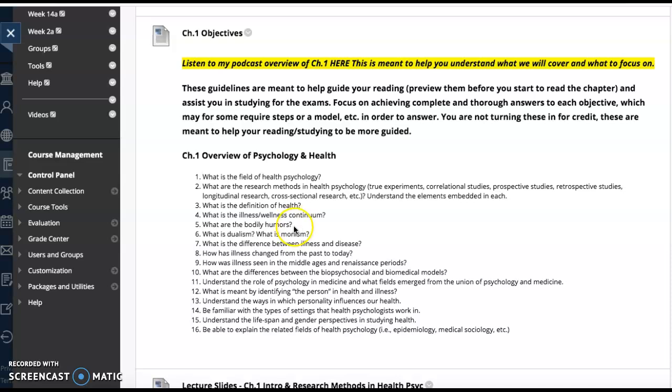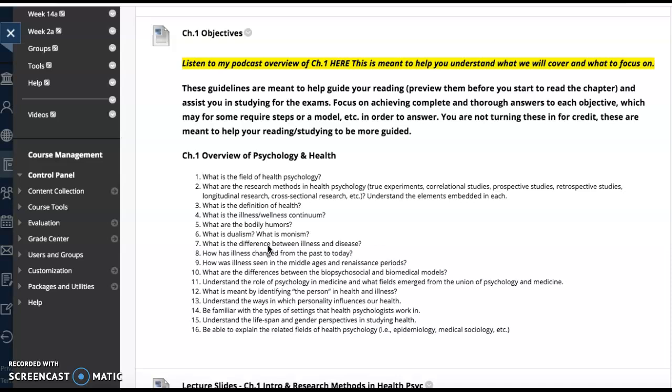And then we'll dive into, here's where we get a little more into the history of what health psychology was birthed out of. So we'll talk about the bodily humors. These are very archaic ideas, if you will, of how the body operated and what it meant.